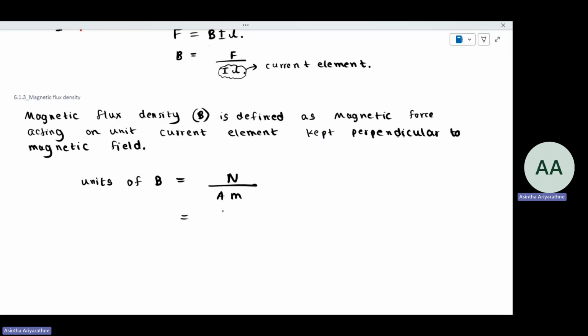This is a special unit called T, defined as Tesla, after the famous scientist Nikola Tesla. So the unit for B is Tesla, the special unit for magnetic field, magnetic flux density.